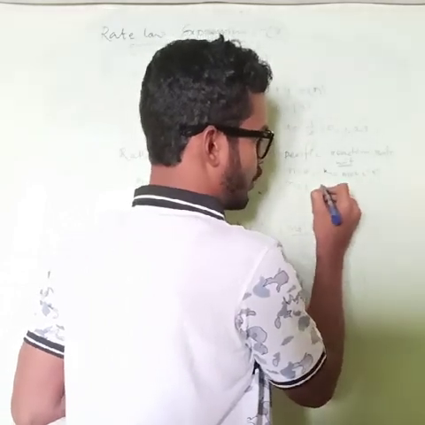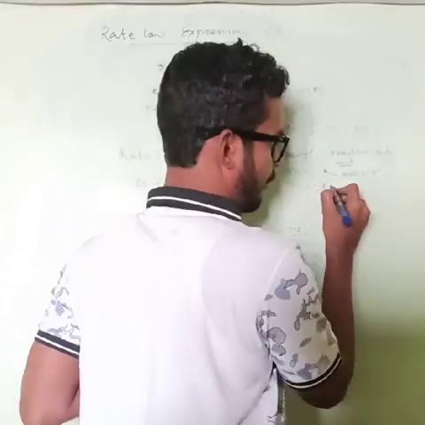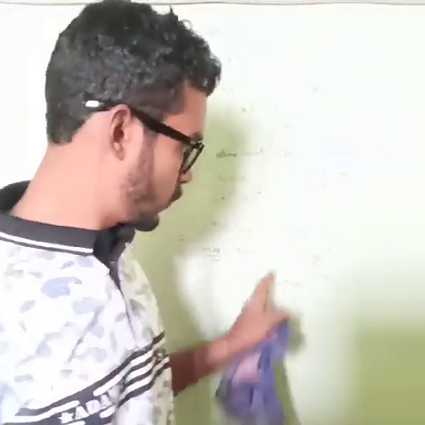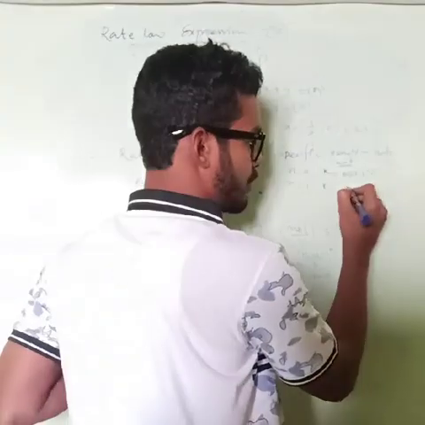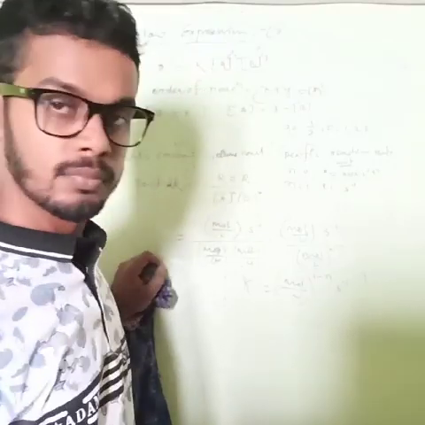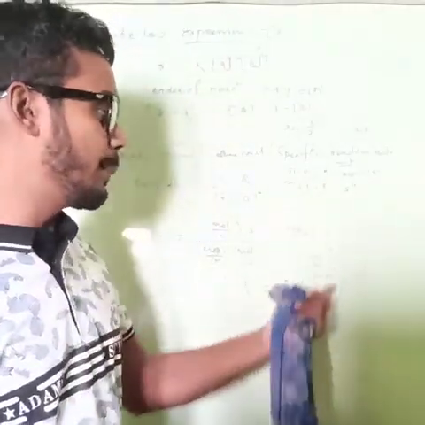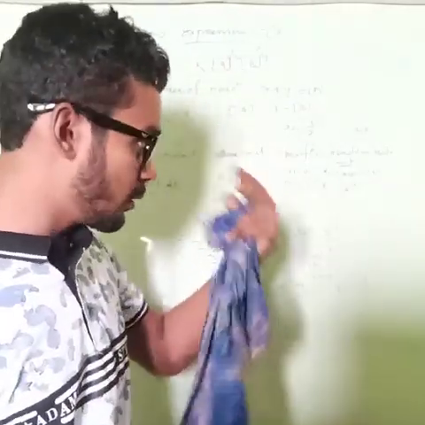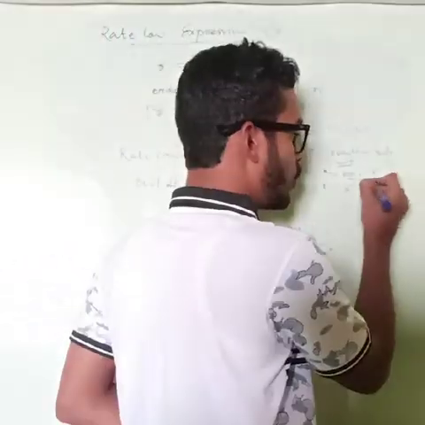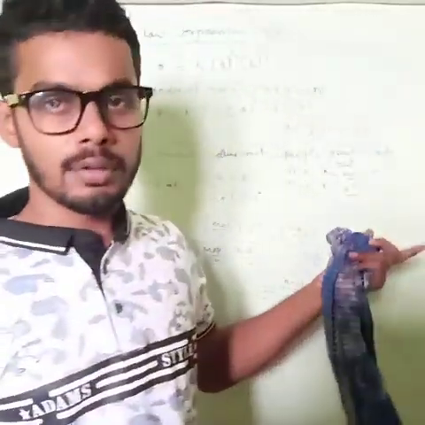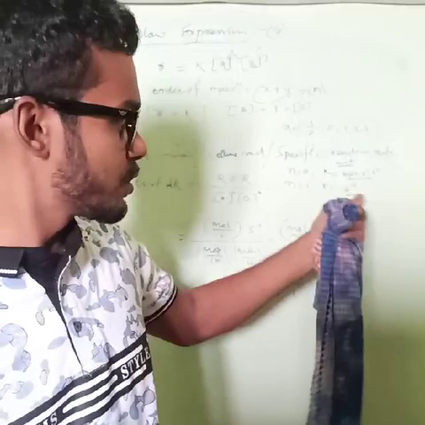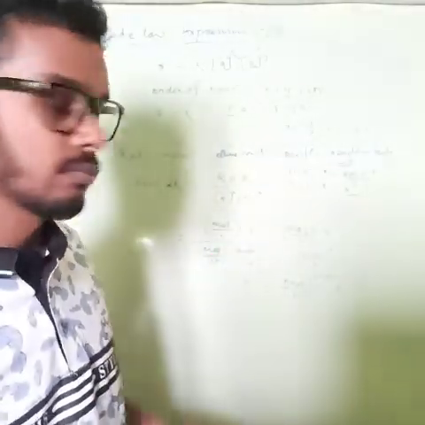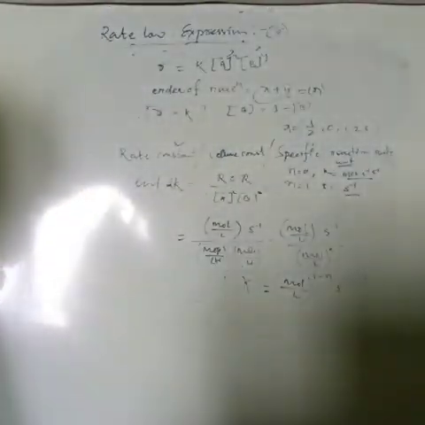If n equals 1, the unit of k, this term becomes 1, so second inverse. Likewise, you can calculate depending upon the order. Even by looking at the unit only, you can say which order it is. Second inverse, first order. Same format.